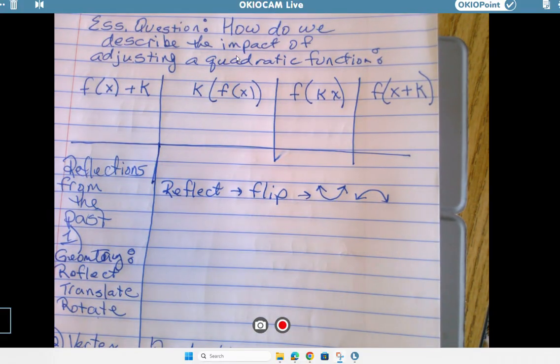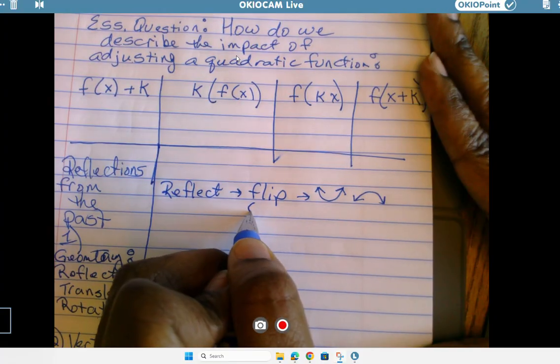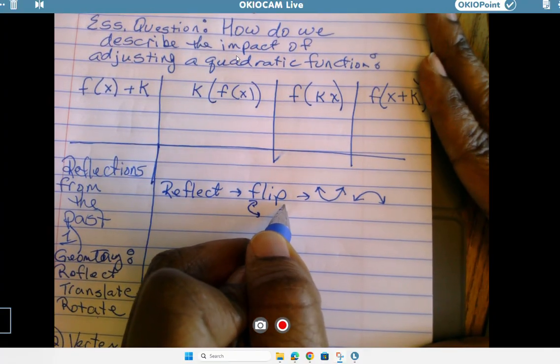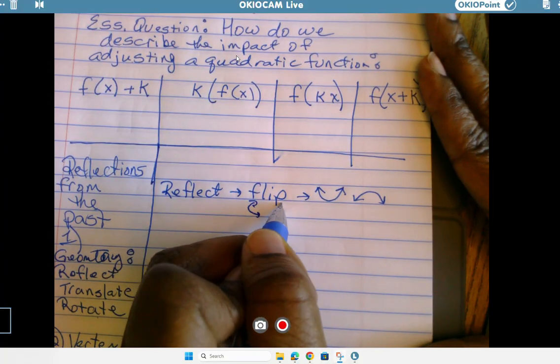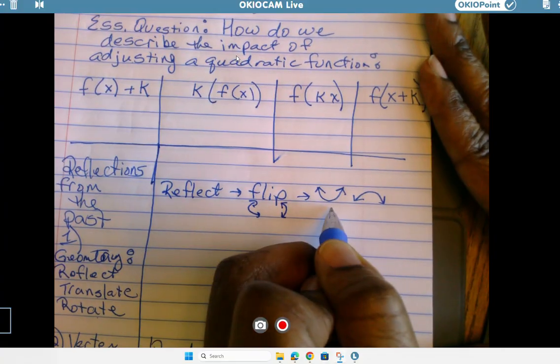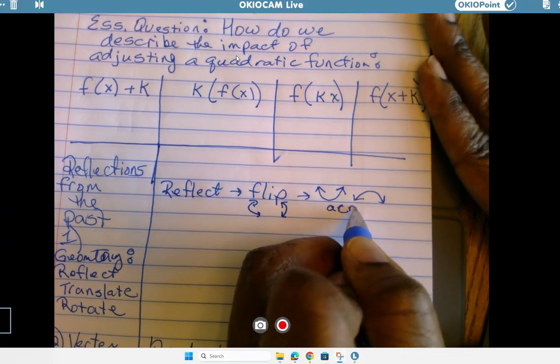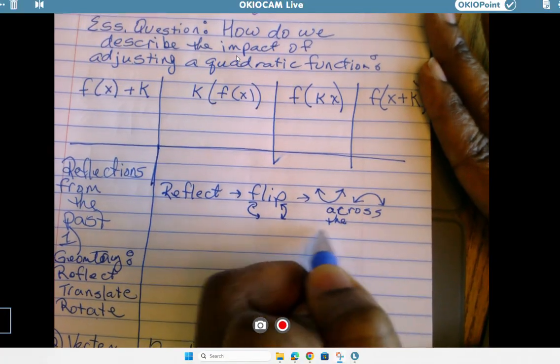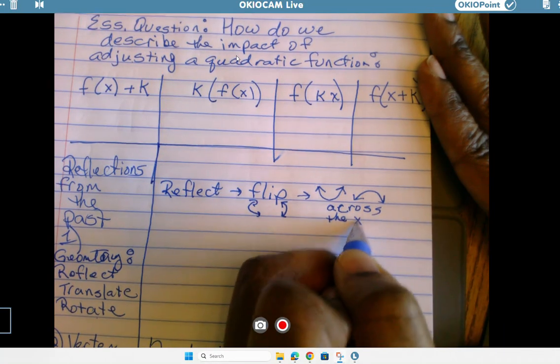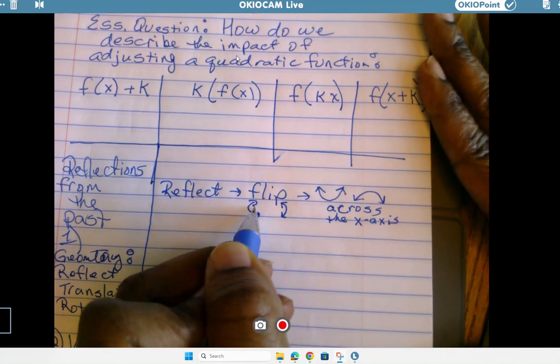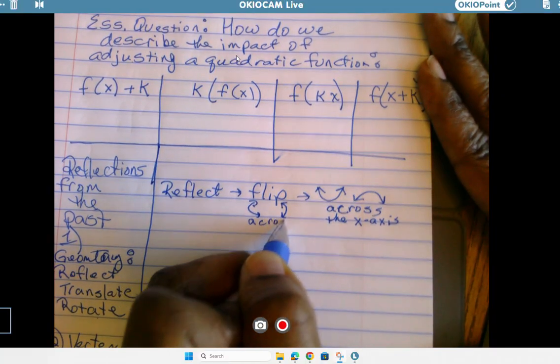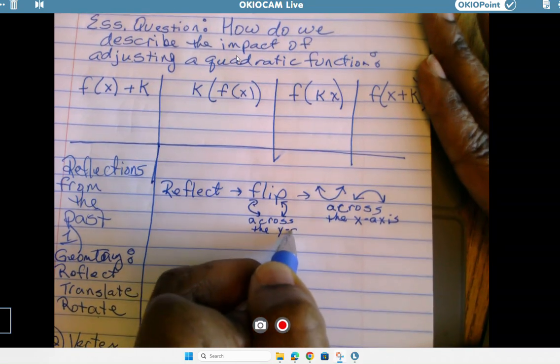It may flip vertically across the X, or it may flip horizontally across the Y. Here's the other flip. This is across which axis goes this way? X axis. This is a flip across the Y axis.